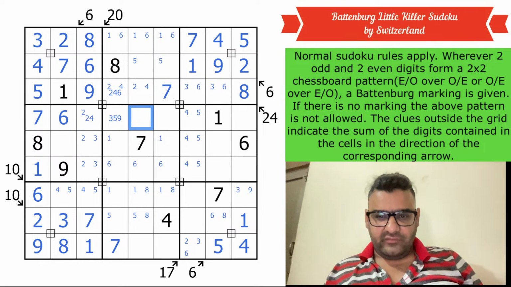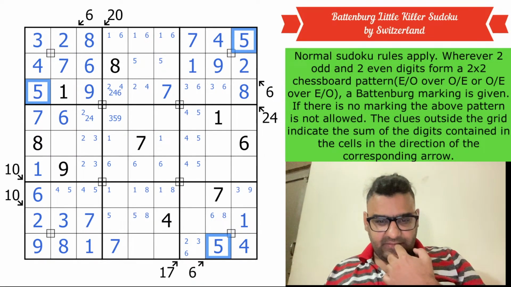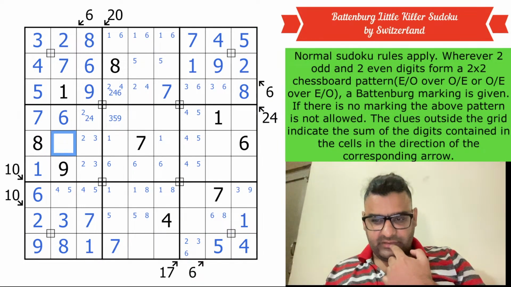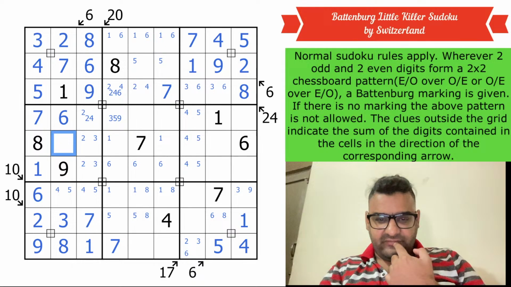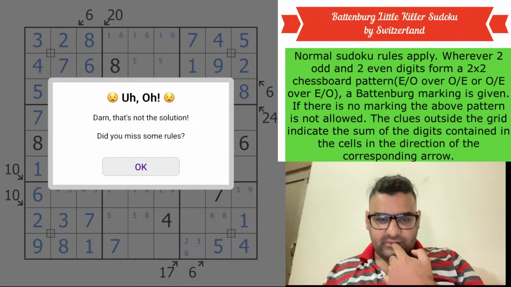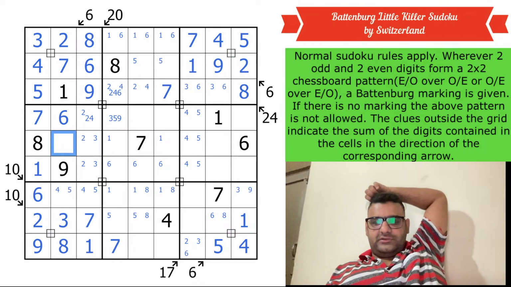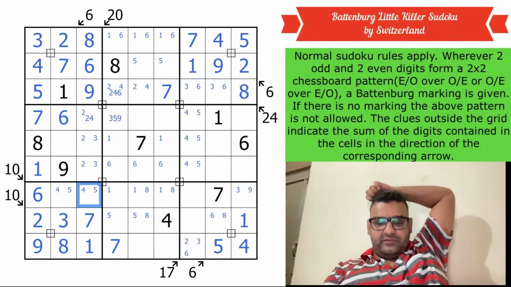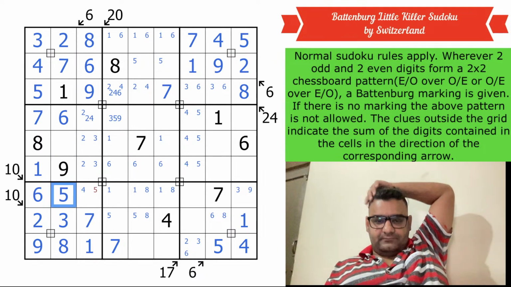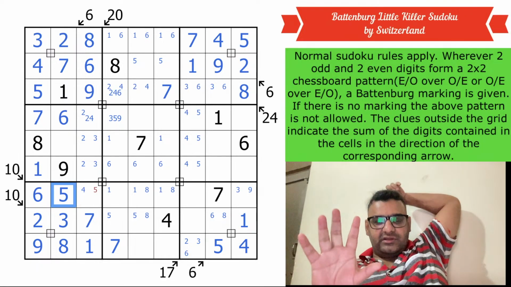So where is the five in here? Five can be anywhere, but I think five should be here. But I'm only guessing. If five is here, no, no, it means five is here. I totally guessed it.